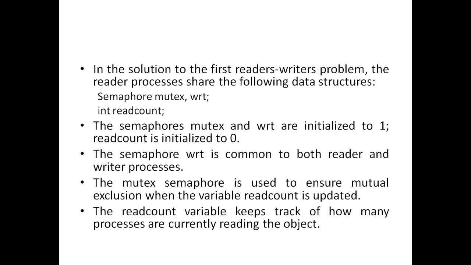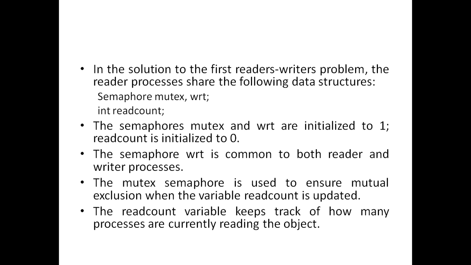The semaphore allows you to synchronize between readers and writers. When a reader is reading the database, the semaphore does not allow a writer to perform the write operation, and if a writer is writing to the database, then no new readers are allowed to read it. That is exactly the job of the semaphore. We use two semaphores here, mutex and write, both initially set to 1, and the read count is initialized to 0.